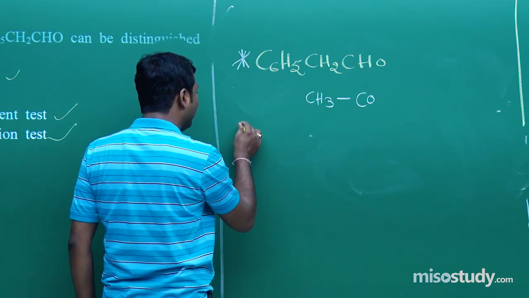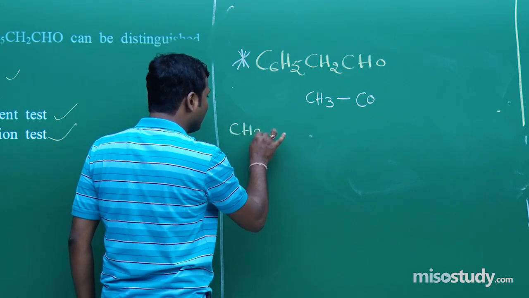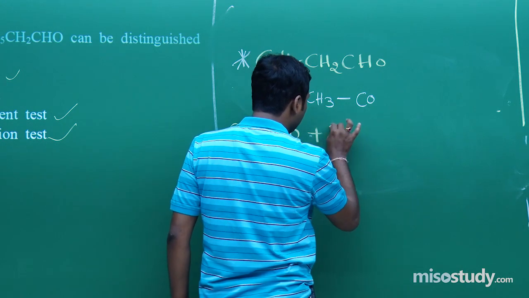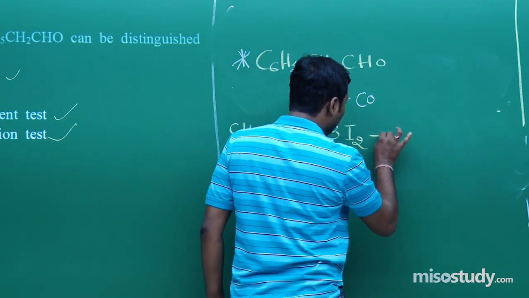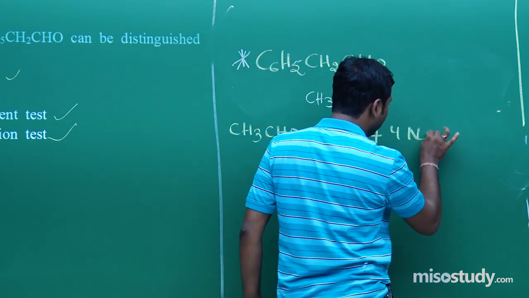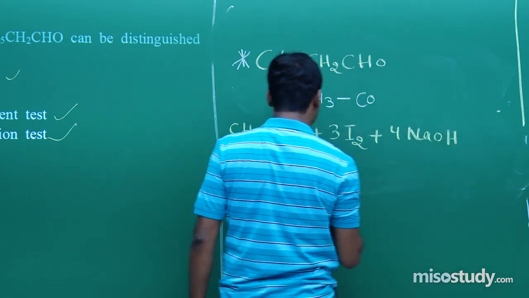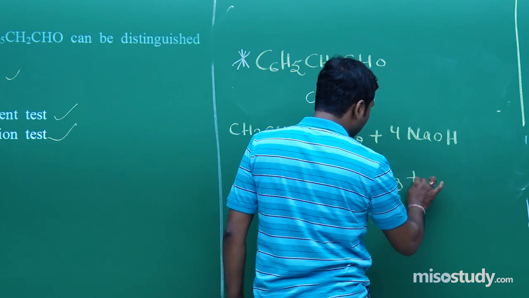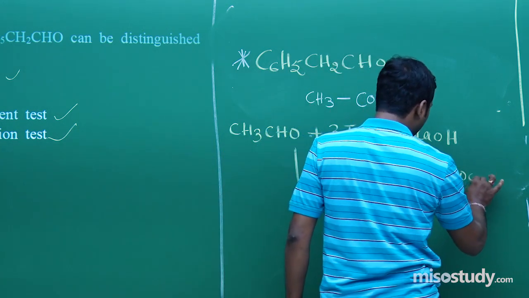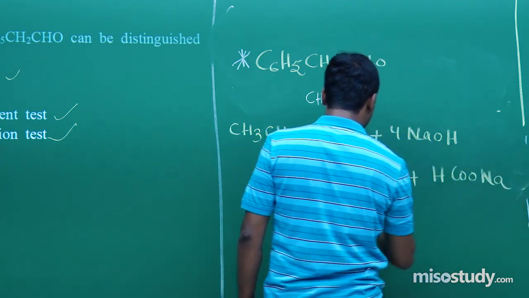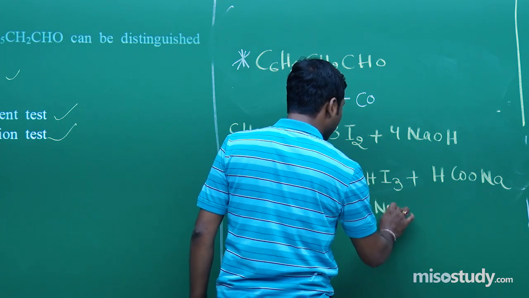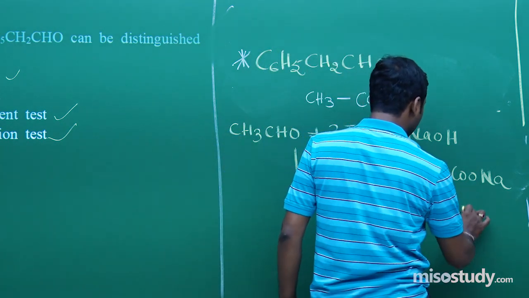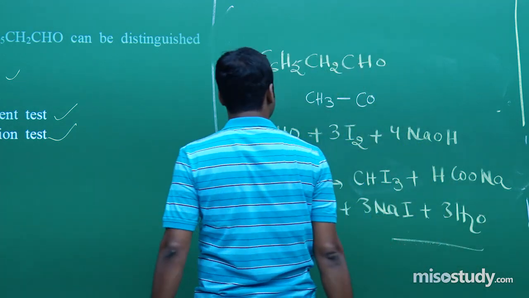So finally we can say these two can be distinguished by using the positive iodoform test, and the reaction in this case gives CHI3 plus HCOONa plus NaI plus H2O. This is the reaction.